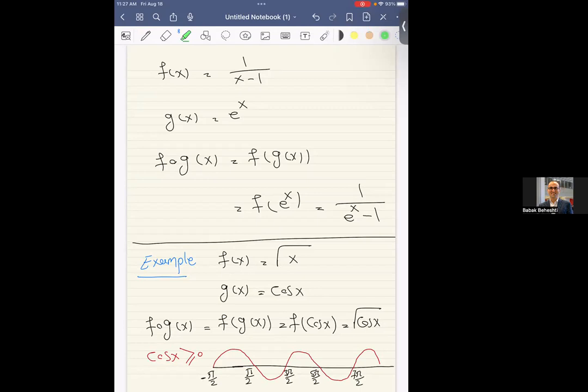So x can be between minus pi half to pi half, or 3 pi half to 5 pi half, or 7 pi half to 9 pi half, and so on.